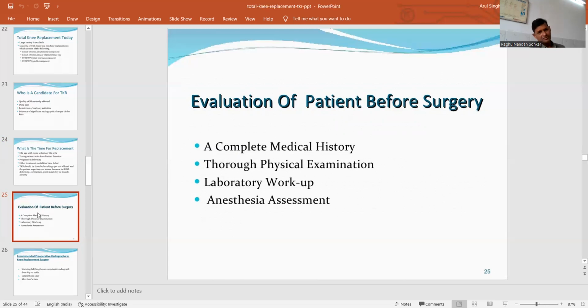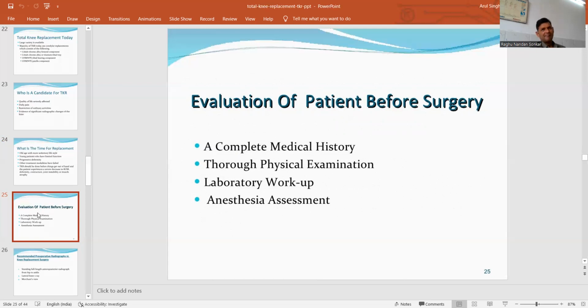You always check the spine and hip joint to rule out any other associated deformity or precipitating factor.